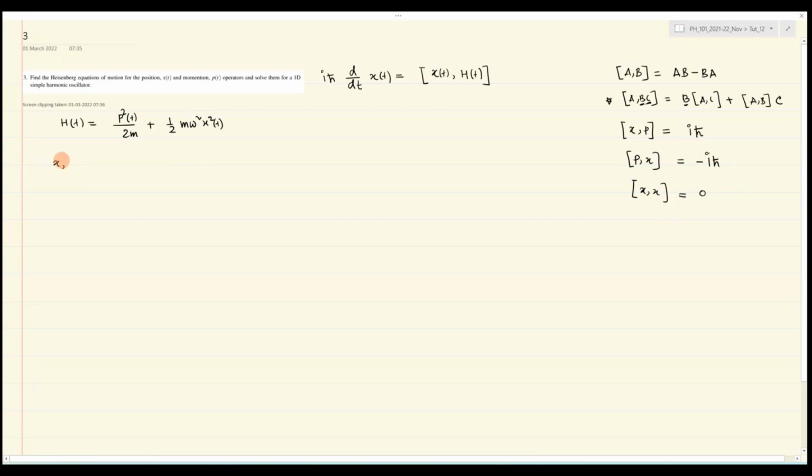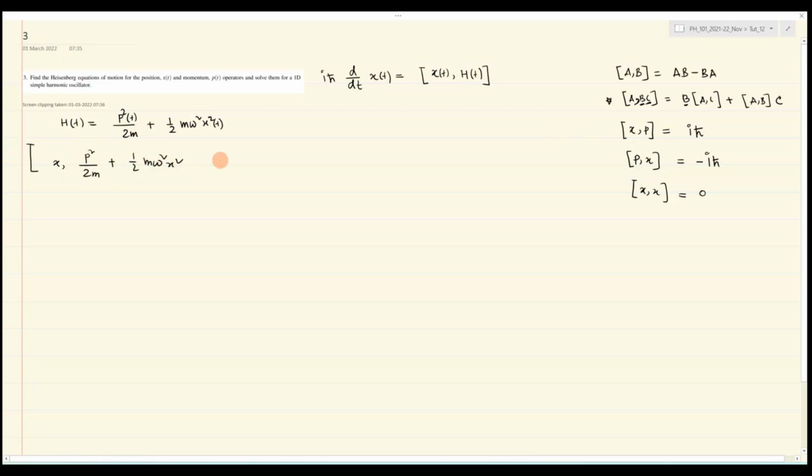Somebody wanted to ask something? In A comma BC, it is A comma B into C. If two parameters, like you will see here in the next step, we have to find the commutator of x with p square by twice m plus half m omega square x square.